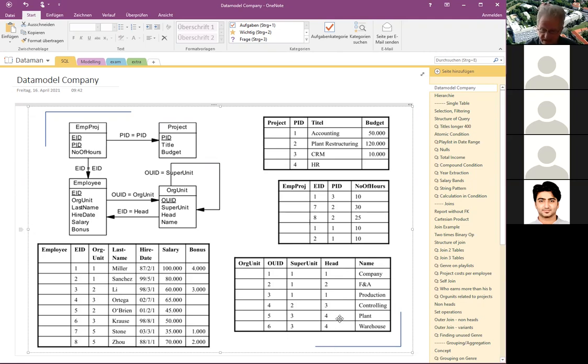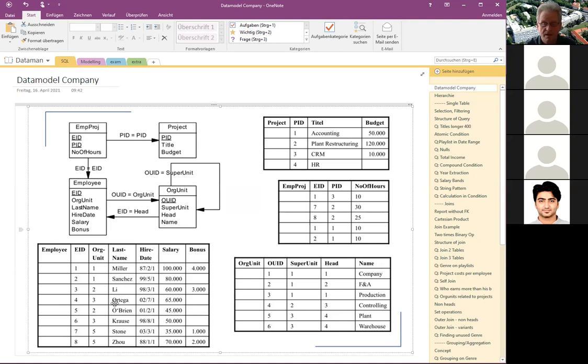And that's the example that you have observed here, that a plant and warehouse have the same head. So, that's number 4, and number 4 is, as you see, Ortega.